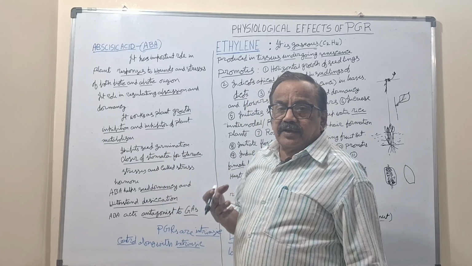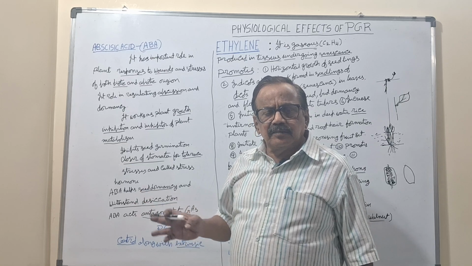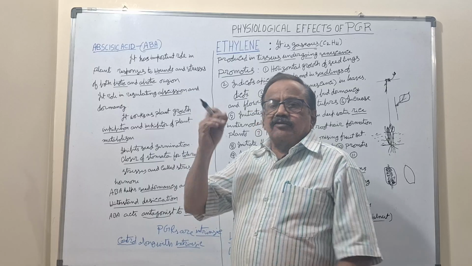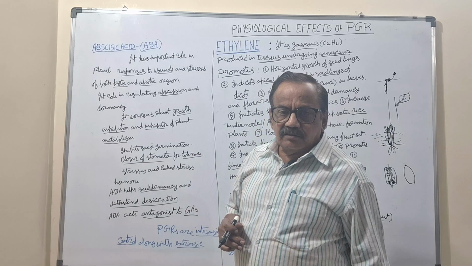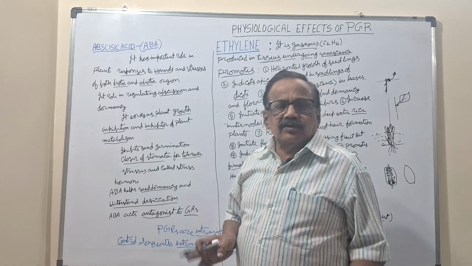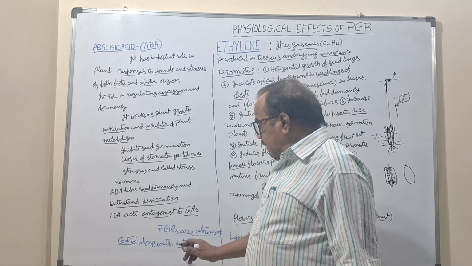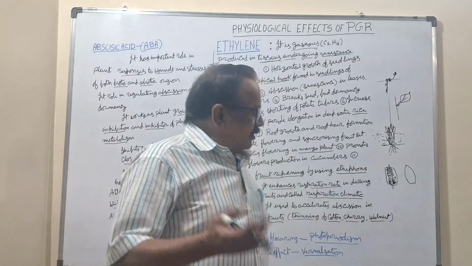And extrinsic means the temperature, water, carbon concentration, and all other elements. So both together it will work. If all the favorable conditions are there but temperature is more, it won't work. Water is not available, it won't. So extrinsic and intrinsic work together, and then it will do.